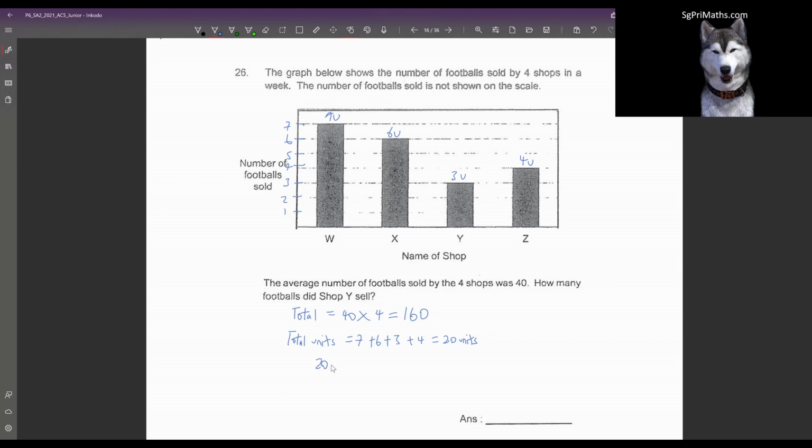So 20 units is 160. 1 unit is 160 divided by 20, which gives us 8. We want shop Y, so it's 3 units. 3 units will be 8 times 3, which gives us 24. So it's 24 footballs.